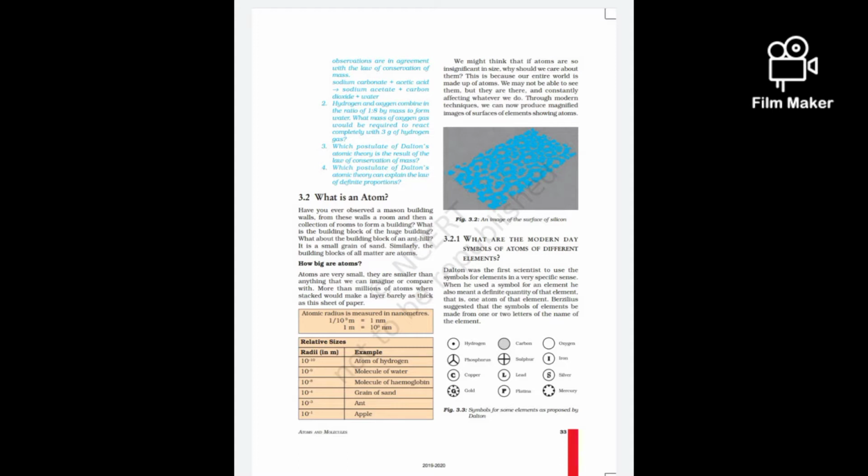In chemistry, symbols are the representation of an element. It is simple to use the symbol of an element rather than writing the whole word of an element. Therefore, symbols are used to represent an element. So, Dalton was the scientist who introduced symbols for representing elements for the first time.